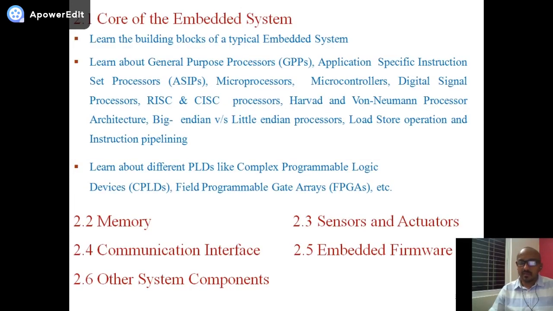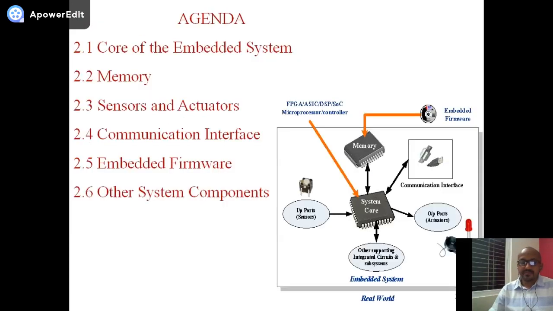So, in this chapter we have major outlines: core of embedded system, memory, sensors and actuators, communication interface, embedded firmware, other system components. I have recorded my lecture in 5 parts.